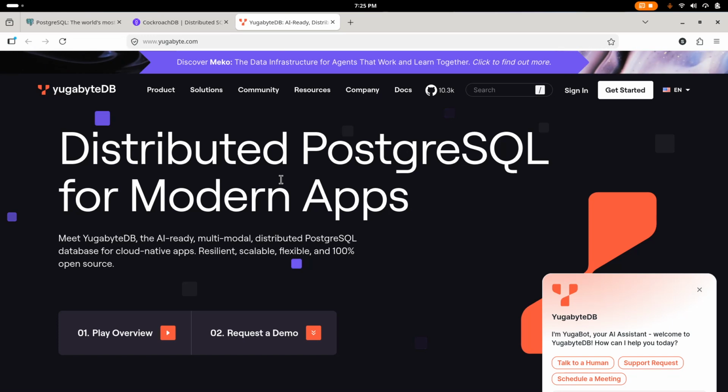So now, with these things in the mind, if I had to choose one database for my next generation application, which one would you choose? So personally, if you ask me, I would go with Yugabyte because it is simply distributed PostgreSQL database and it is cloud native, resilient, scalable, and everything.